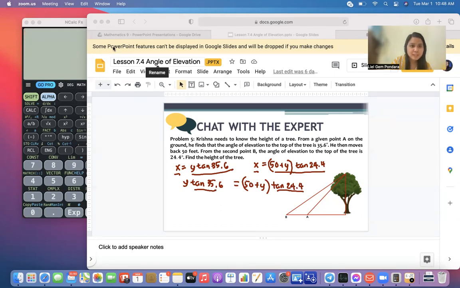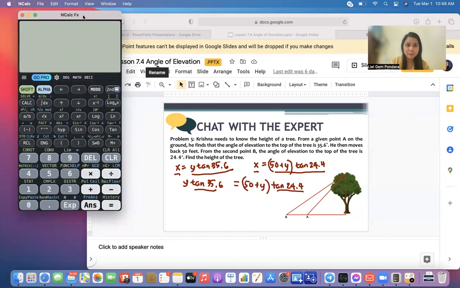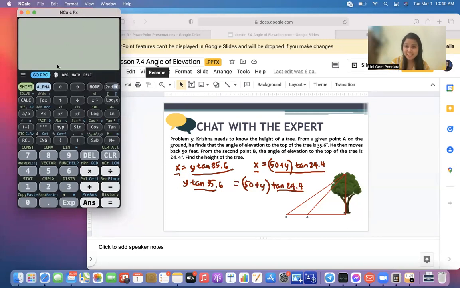One way to help you is you can solve for tangent 35.6 and tangent 24.4 first. Now, let me use the calculator. But if you want your answer to be as accurate as possible, you can write as many decimal places as you want. Example, tangent 35.6. You can have it in 4 decimal places, or if you want to copy 6, no problem.